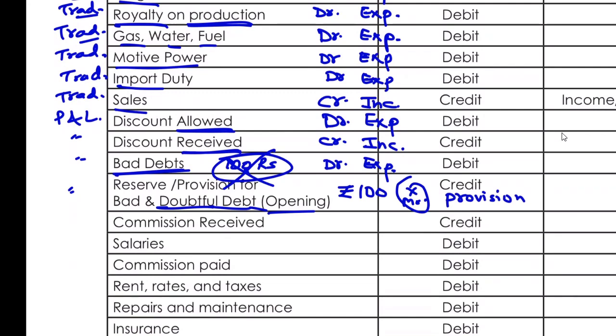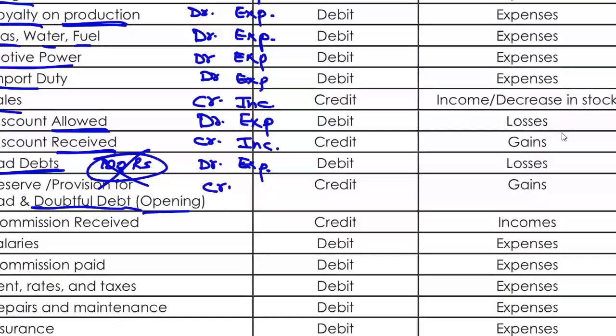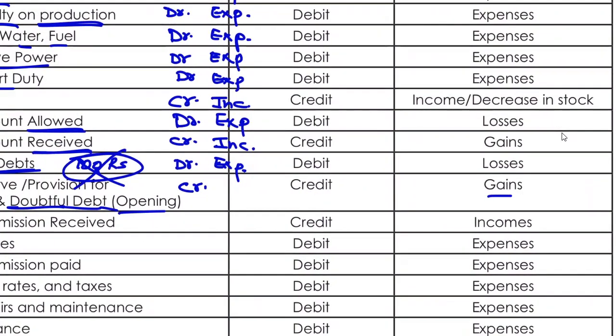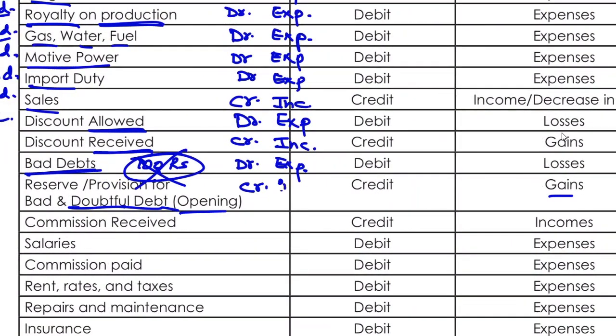So that is also a liability as of now. This will become an expense when this is actually lost. So that is the reason it will come in the credit side. They have mentioned it as gains, but I will say it is an income or gain.